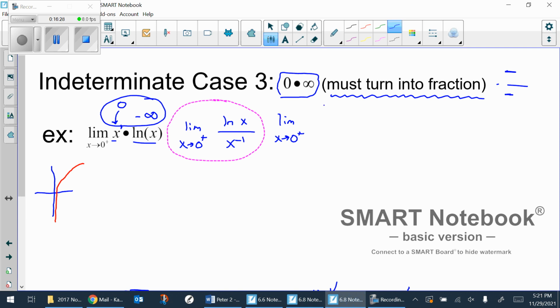The derivative of the top divided by the derivative of the bottom. That would be negative 1 x to the negative 2, which maybe I initially write like this.